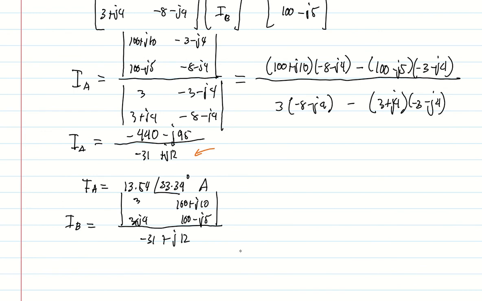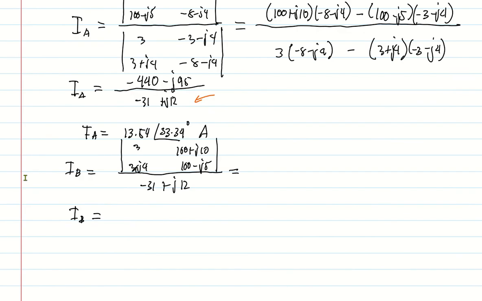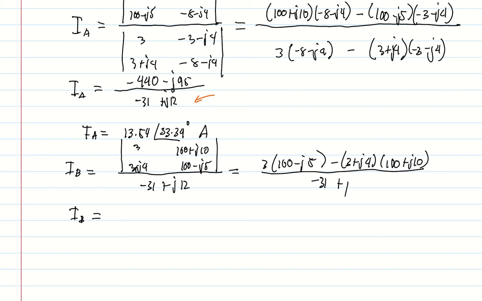It's the same determinant as for IA. Then compute: 3 times 100 minus j5 minus 3 plus j4 multiplied by 100 plus j10, all over negative 31 plus j12.